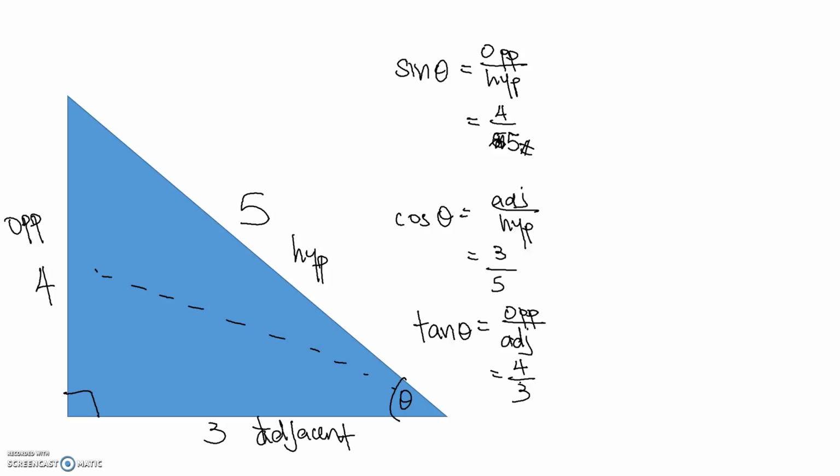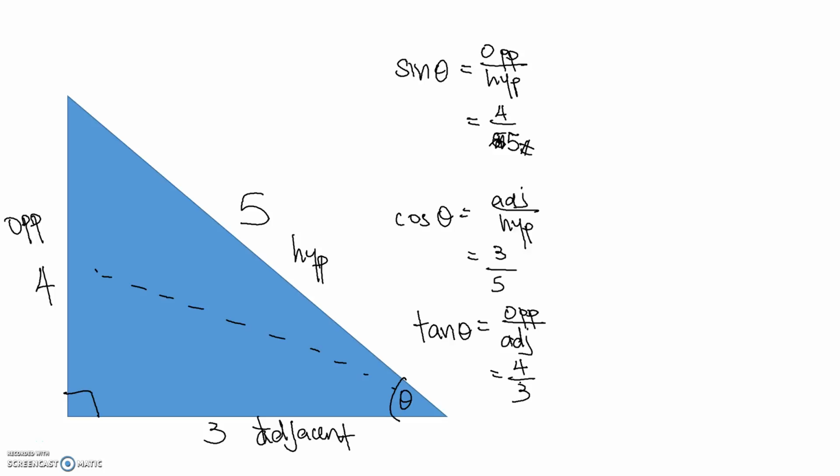Now, this is extremely simple. If you have problems understanding this, just drag the slider back of the video and go through again what the ratios are. The ratios are very simple.